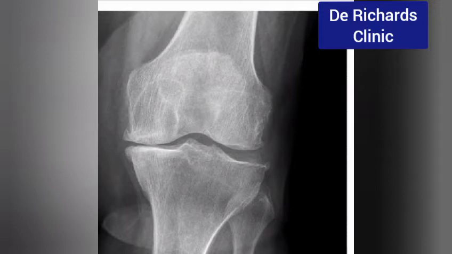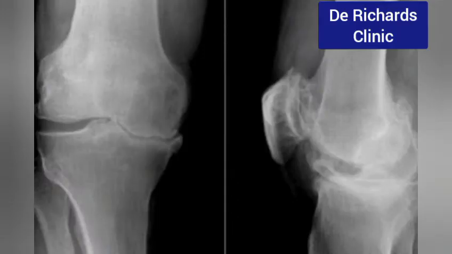So if it's not arrested here, the wear and tear continues, and the bones continue to approach each other further and further. Just as you can see here, the bones have flattened out because there's nothing cushioning the weight when the person stands. So the weight transmits from bone to bone. It's like when you're hitting a red hot iron.